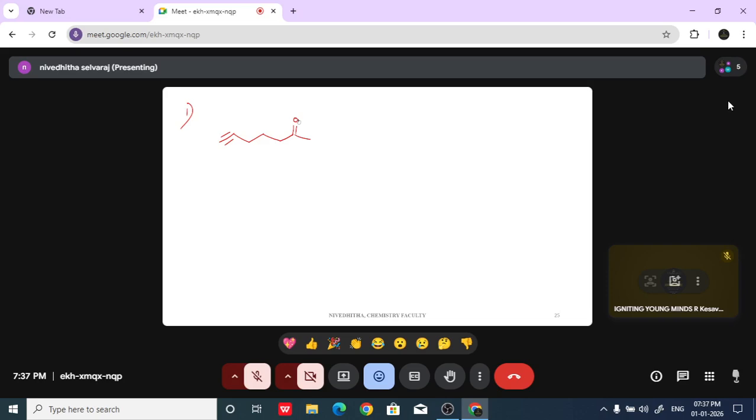Apart from that, I've represented one atom. Could you please tell me what atom that is? Can you see any alphabet there? Can you see oxygen, the alphabet O? Yes, ma'am. So I've represented only oxygen in my molecule. The rest of the atoms are just carbon and hydrogen, but I didn't mention them.